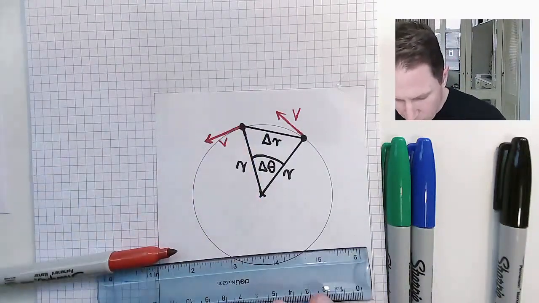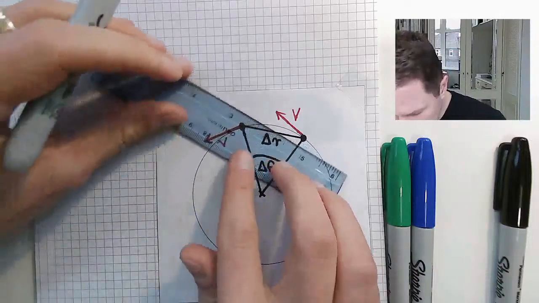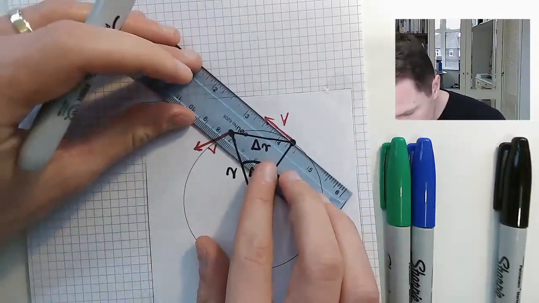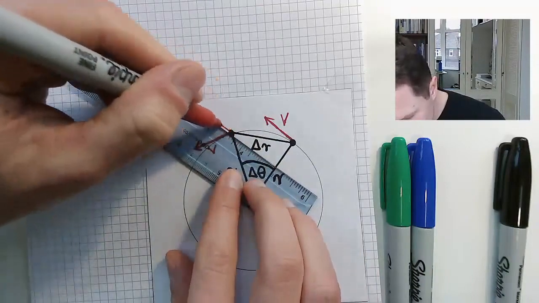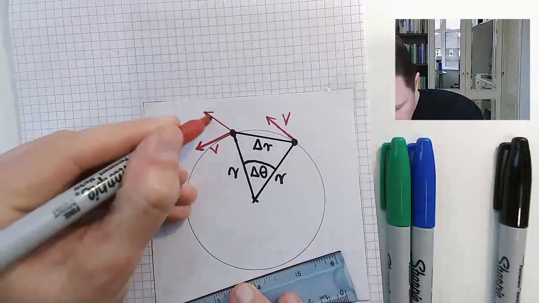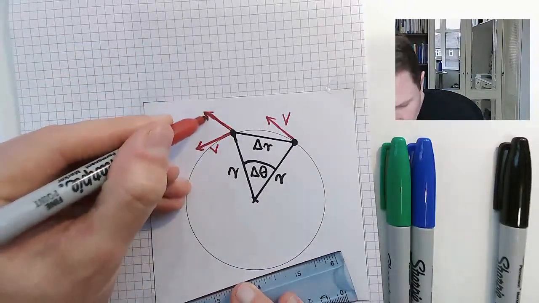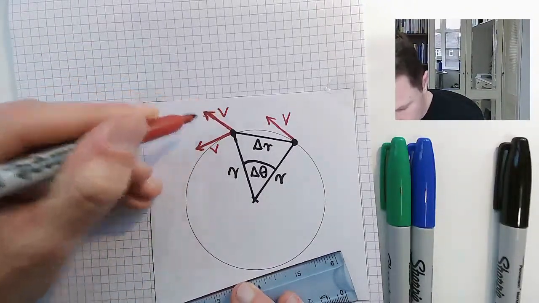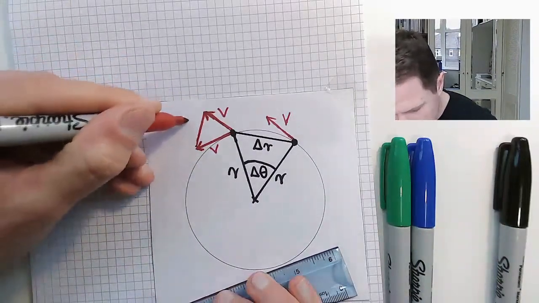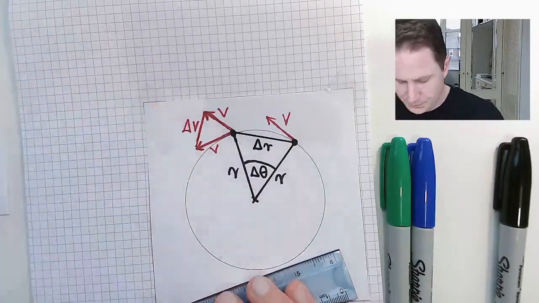And its speed has also changed, well, in the sense that this vector, that was the velocity vector, got rotated. Okay, so this right here is delta v.